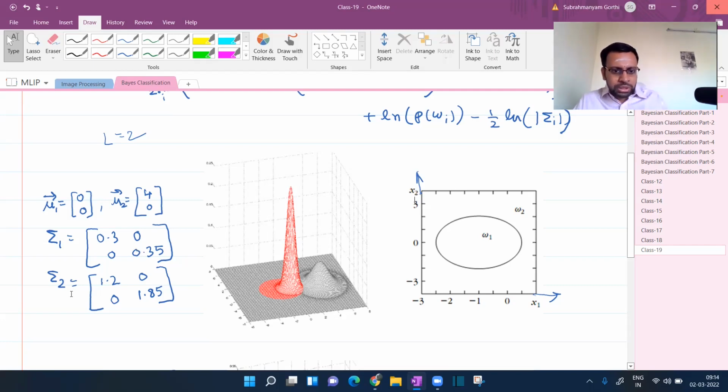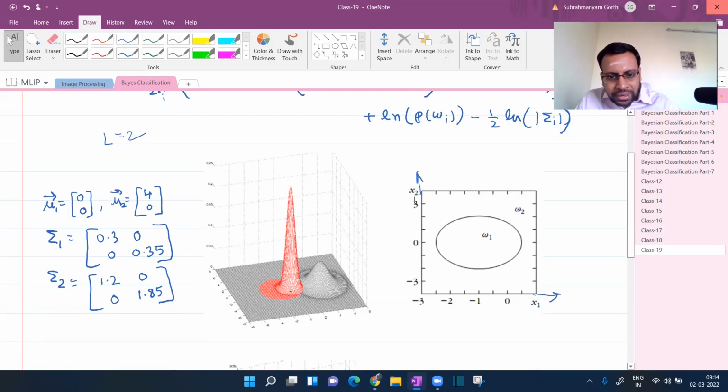Sigma 2 has 1.2 and 1.85. So is the variance more or less compared to sigma 1? Is the variance more here or less for class 2? More, sir. Right.